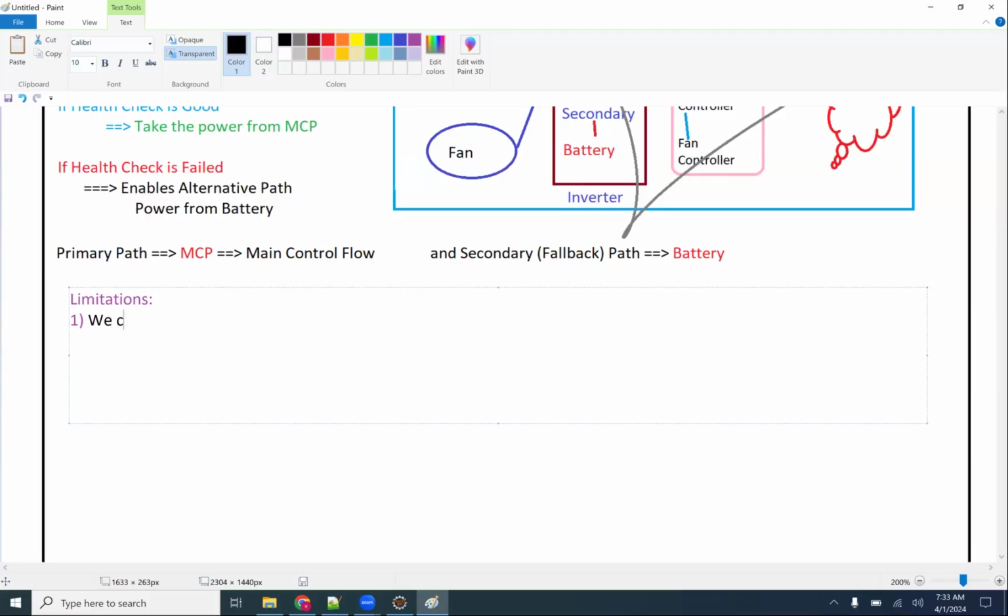We can apply this logic or this approach only for those which consume less power.